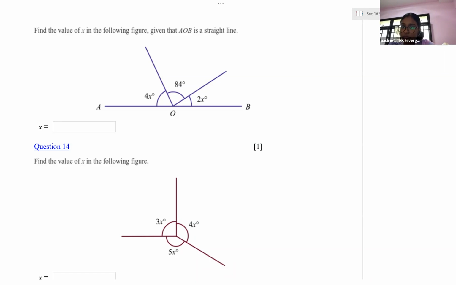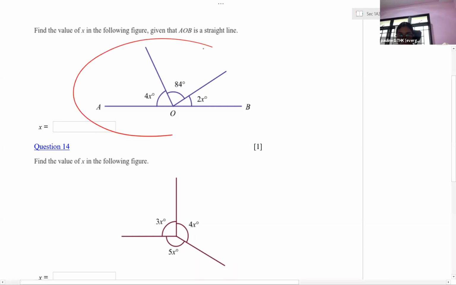Angles in a straight line. Adjacent angles on a straight line, that is the property you are trying to use. But my question is, where do you get 6x from? Where did the 6 come from? I don't see a 6 in the question.